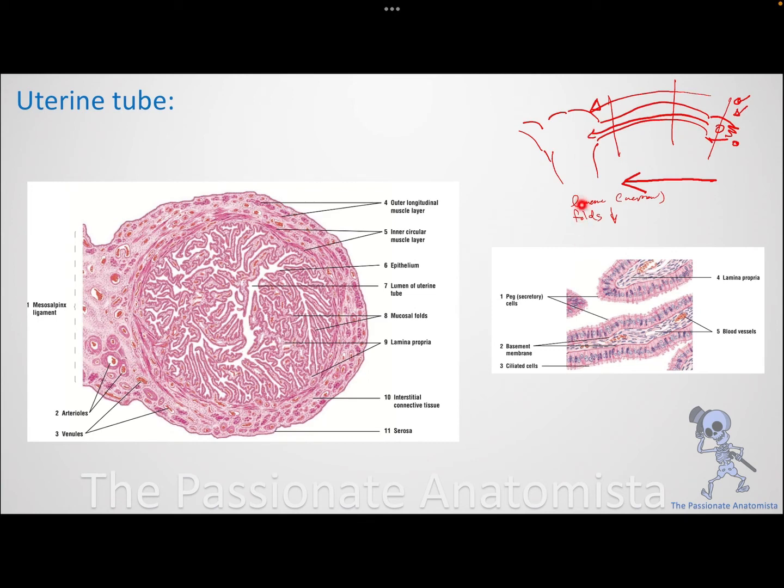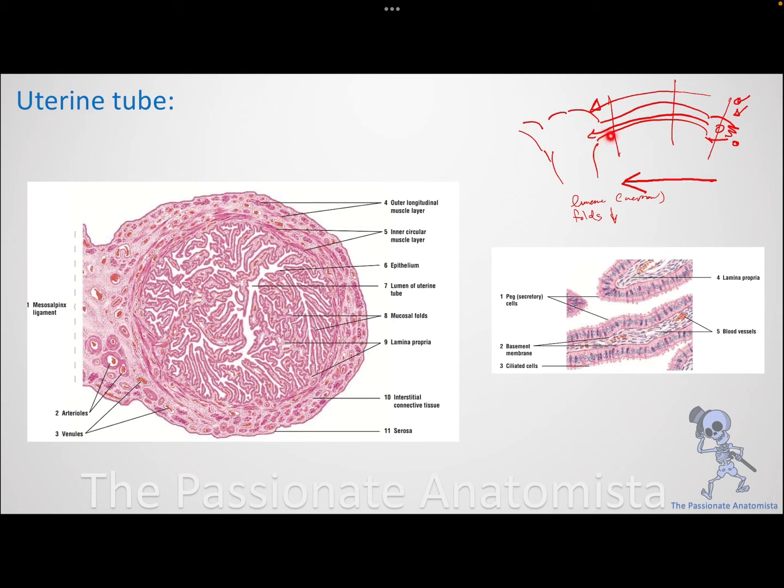All right, so the lumen is getting less, the mucosal folds are getting less, but the muscle layers are getting more because now you're going to blend with the uterus, and the uterus has a thick muscle layer, and you're getting into the intramural part.